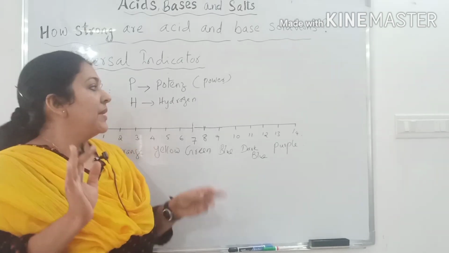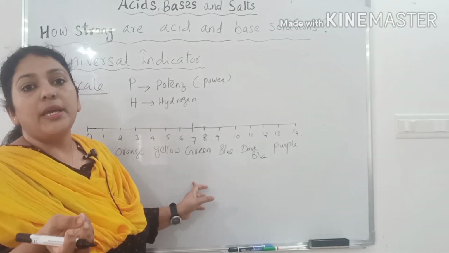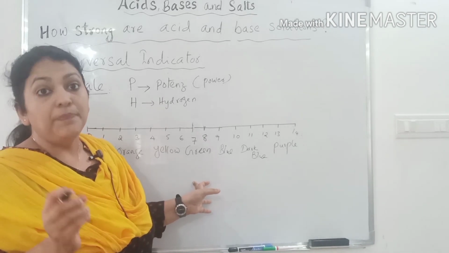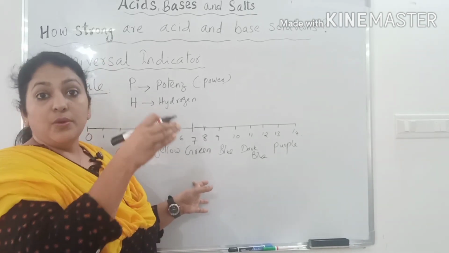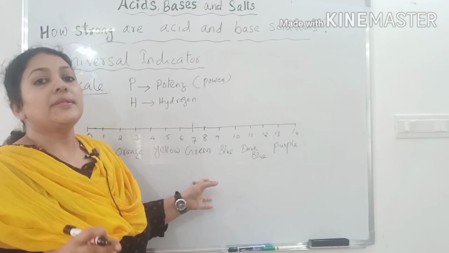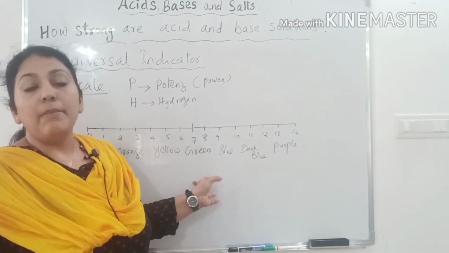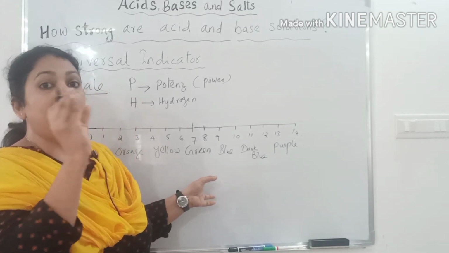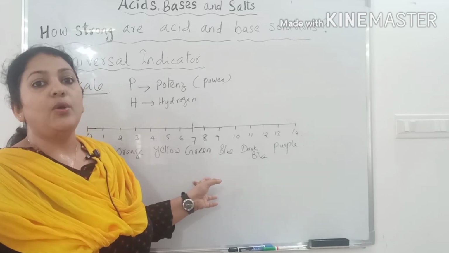You know that, right? So suppose you have a universal indicator paper for testing solutions like hydrochloric acid, carbonic acid, sodium hydroxide and magnesium hydroxide: strong acid, weak acid, strong base, weak base.